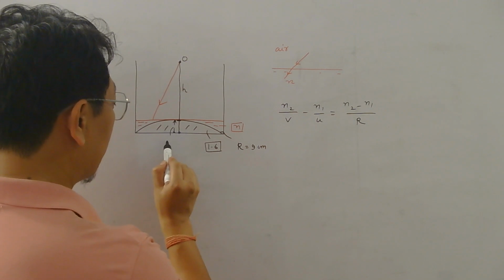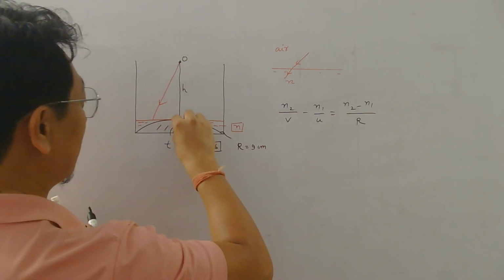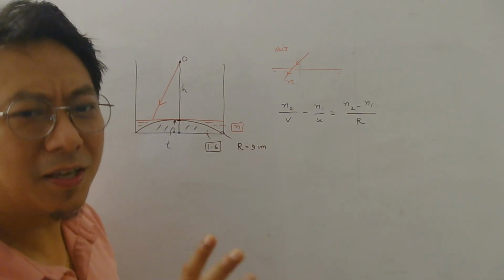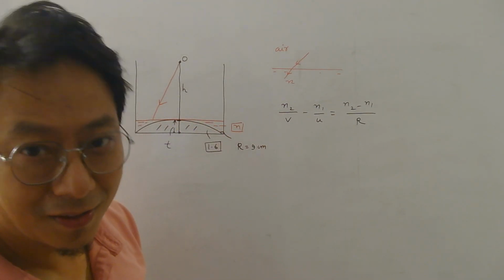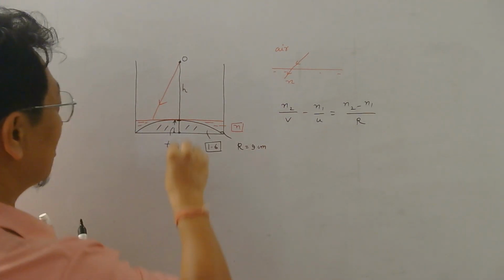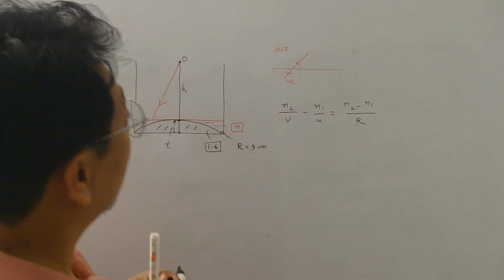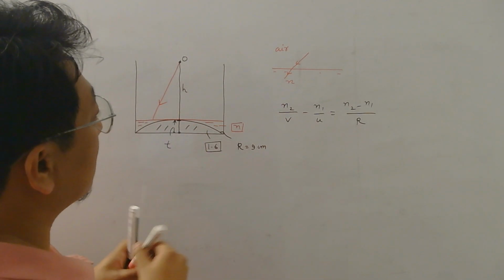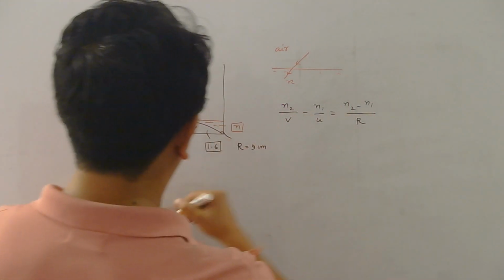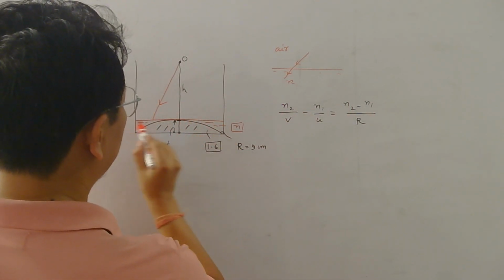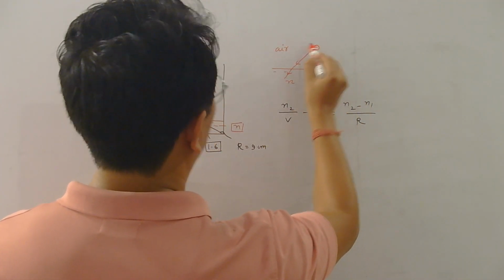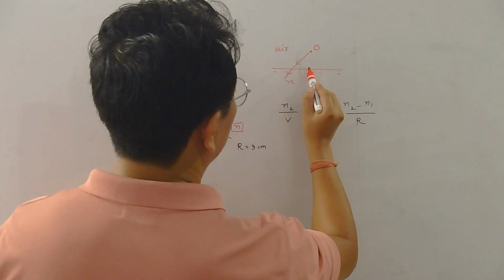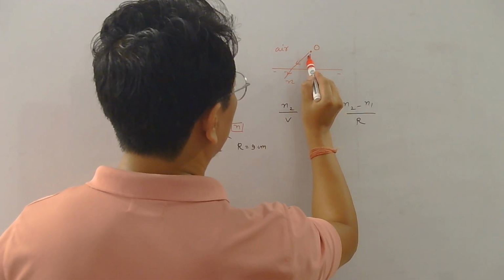Now let me assume that the thickness of this is t. Of course, later we have to take this thickness as negligible. But let's say in another problem this thickness is given as a few centimeters. Then how to do it? So let's say this thickness is t. Now, when I apply the single surface formula for this surface, we have to measure the distances from this surface. So remember, the object is here, O. This u is your object distance this way.